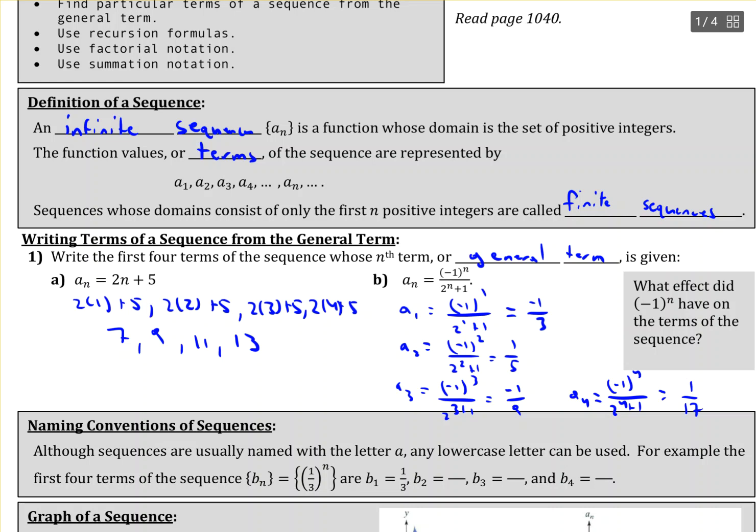So again, you can see it's very similar to a function. You can think of this as f of 1, f of 2, f of 3, f of 4. But the thing about it is there is no 2.5 term or half term or anything like that. It's always going to be whole numbers, or in this case, positive integers for this book.